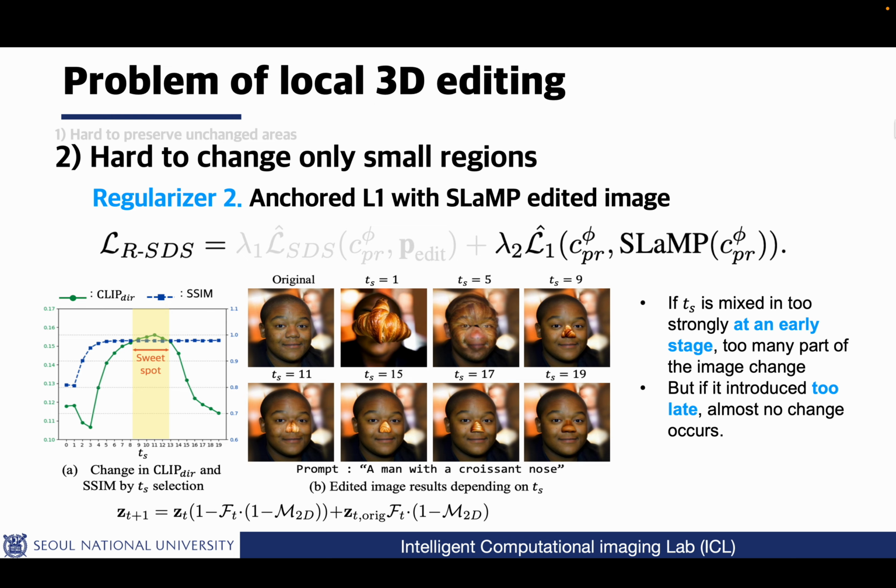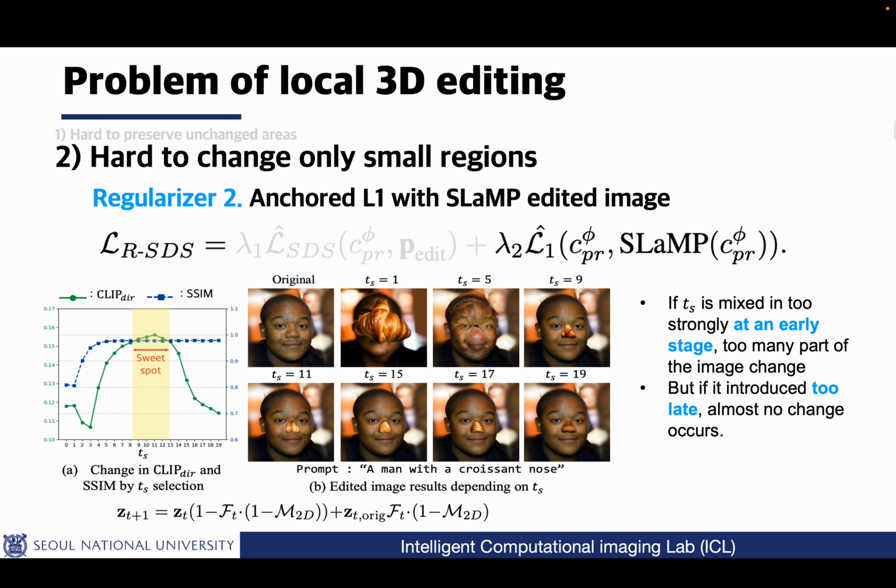If f_t is mixed in too strongly at the early stage, too many parts of the image change. And if it's introduced too late, almost no change occurs. As you see in these pictures, when trying to turn the nose into a croissant, mixing at too early a stage causes the entire face to turn into a croissant, while mixing too late results in no change to the nose at all.